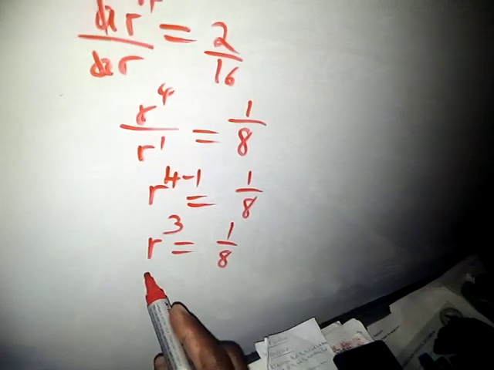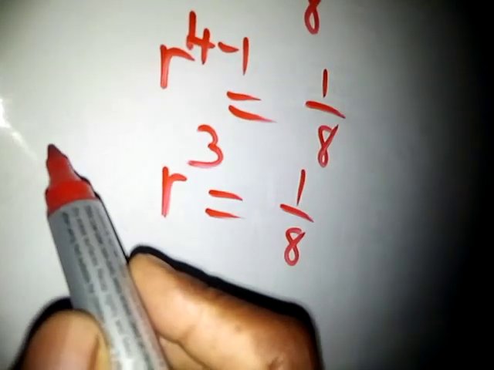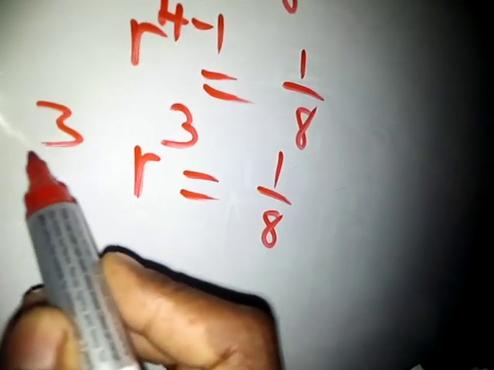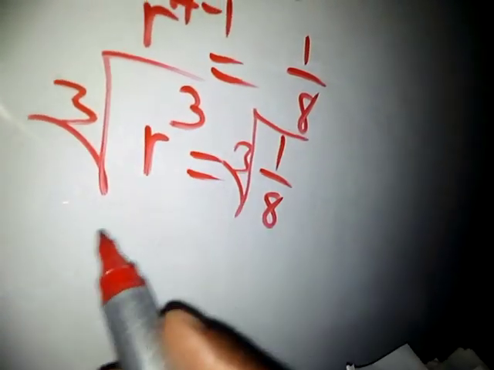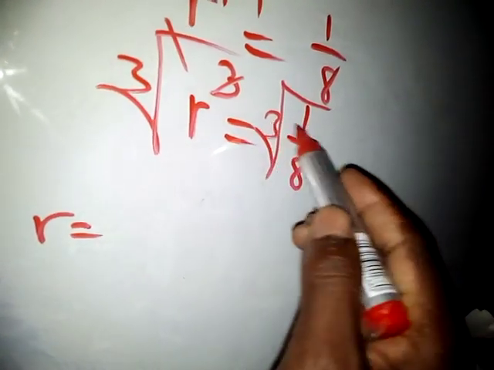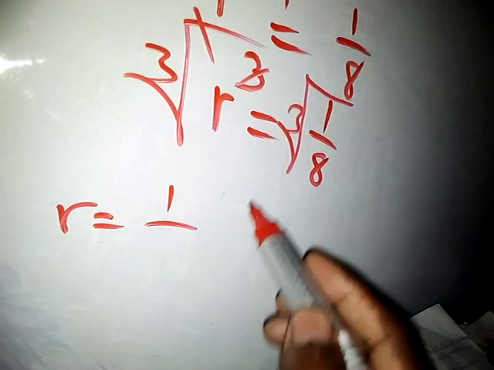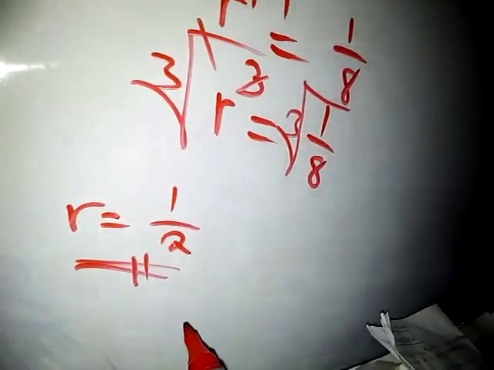Now what we want here is R. So we cube root both sides. The cube root of 1 is 1, cube root of 8 is 2. Therefore, the value of R is 1/2.